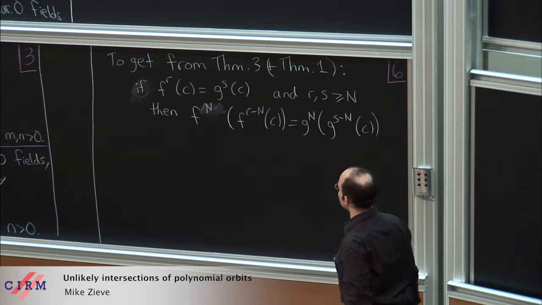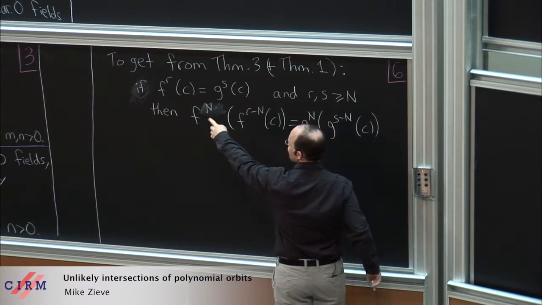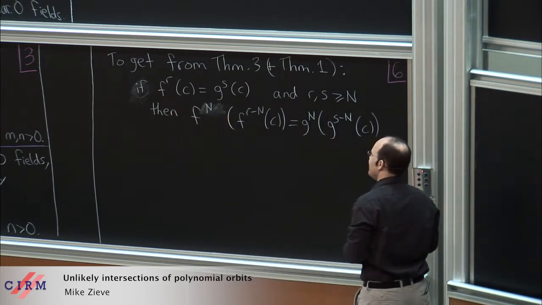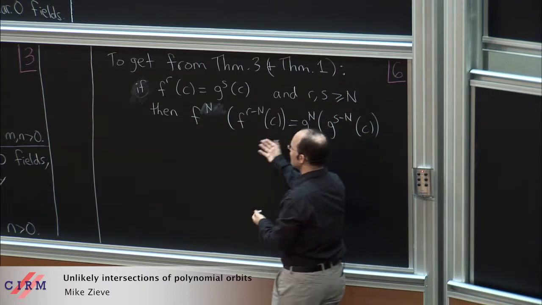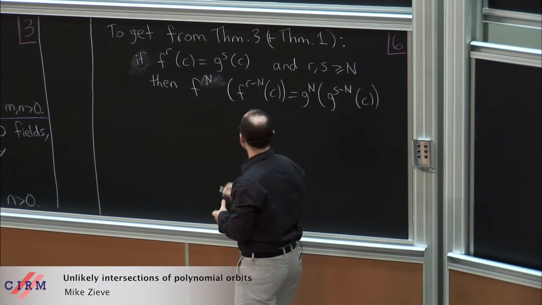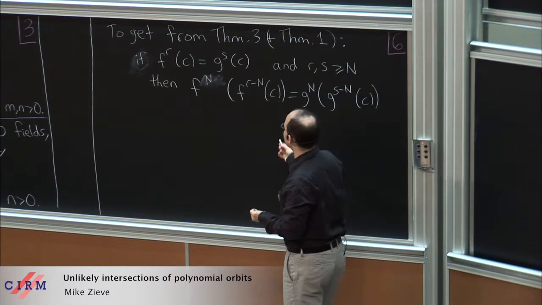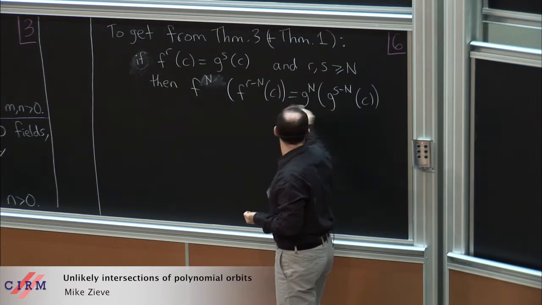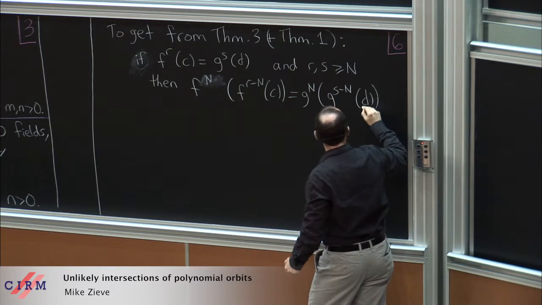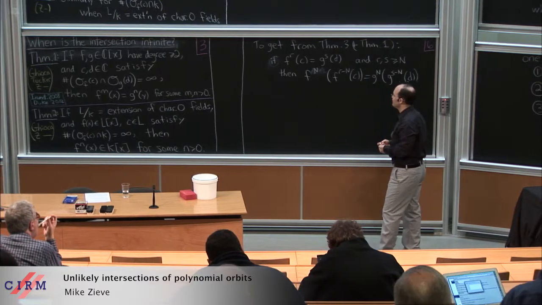This is a simple statement, but it is absolutely crucial, because this says that if the intersection of the orbits is big, then we're getting lots and lots of solutions to f^n(something) equals g^n(something). And these solutions all live in the ring generated by C, D, and the coefficients of f and g. So they're living in some finitely generated field.